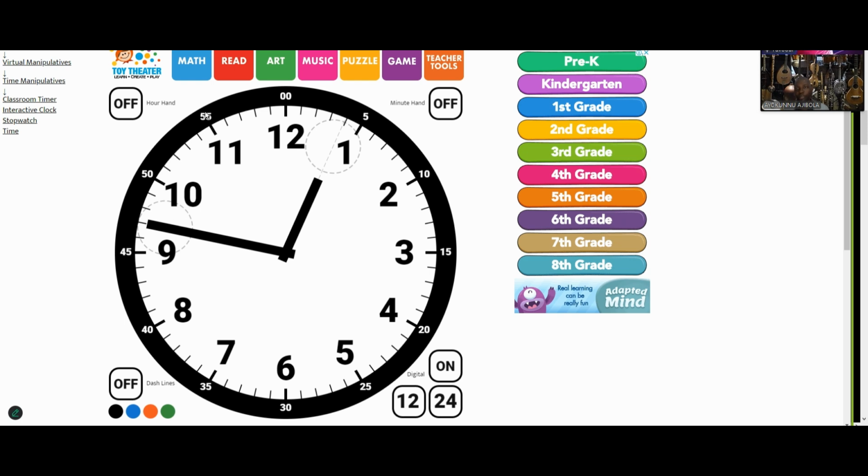Count from the top. 5, 10, 11, 12, 13. Count it from the top in 5s, from the numbers. 5, 10, 11, 12, 13. 13 minutes to 1. Learn to say to 1. Okay. So what about this? What's the time here? 7 minutes to 1.